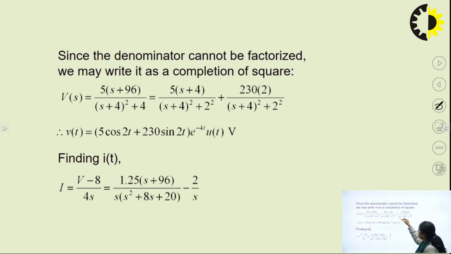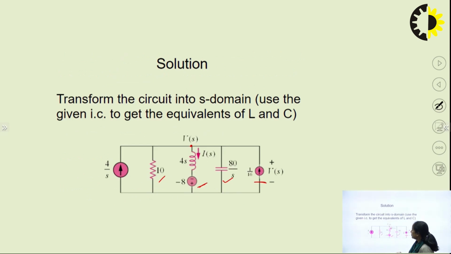This is the partial fraction of this term, so now you can find the inverse Laplace transform. V(t) will be 5 cos 2t plus 230 sin 2t, u(t). Now I(t) will be V minus 8 divided by 4s.